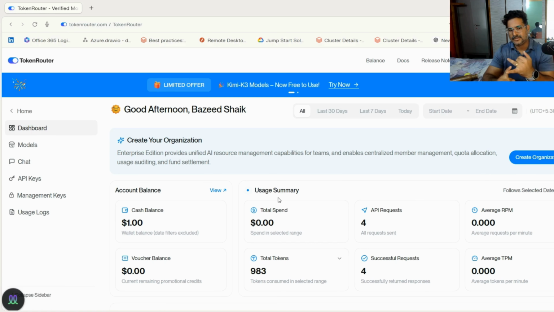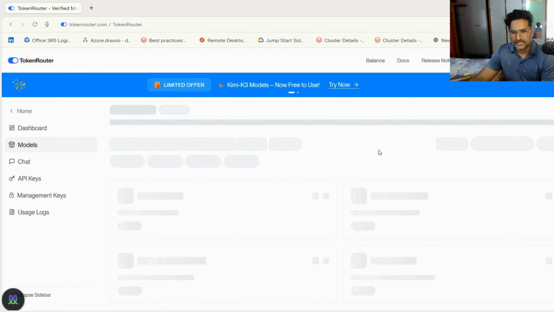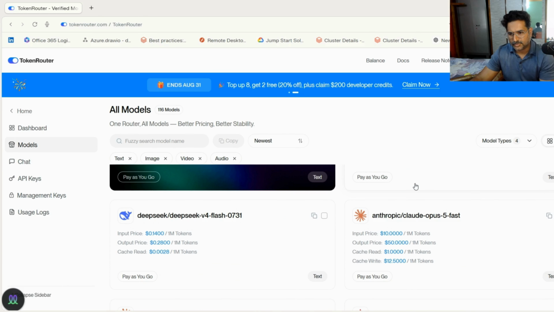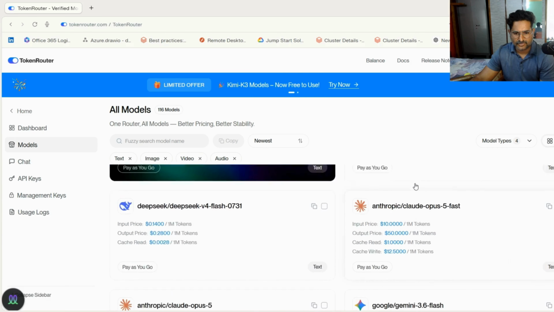So the agentic layer, your routing layer, your model and its capability, it abstracts everything and gives you the endpoint output. You have multiple models to get started. Kimi is free, and there are Qwen, Anthropic Claude, and Opus 5 is fast.